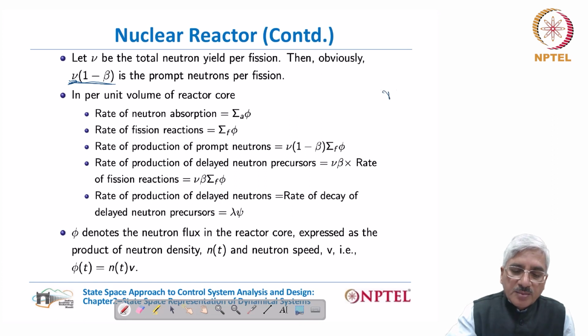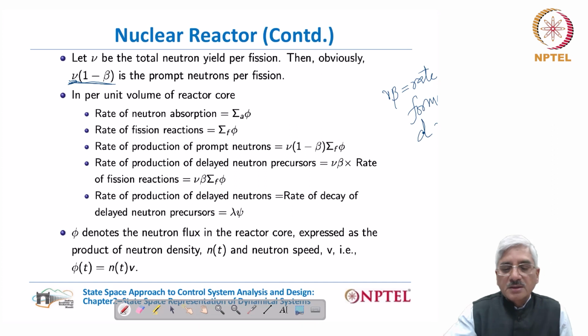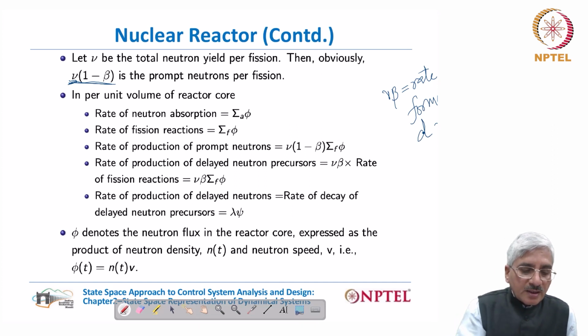So nu times beta is the rate of formation of delayed neutron precursors. Rate of formation of delayed neutron precursor fission fragments. So rate of neutron absorption in the reactor is absorption cross section into neutron flux in the reactor.